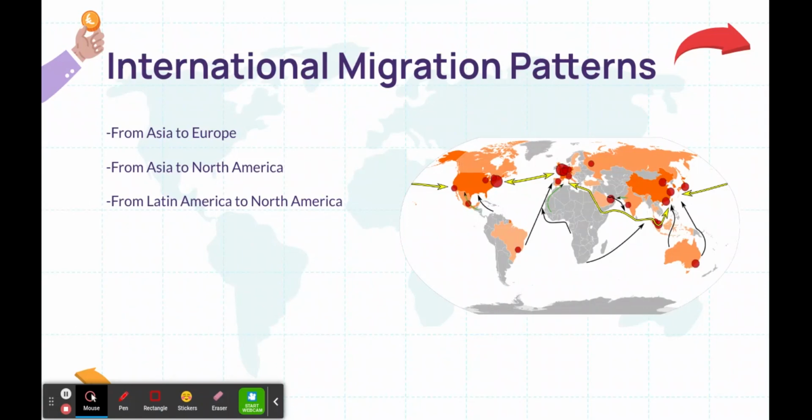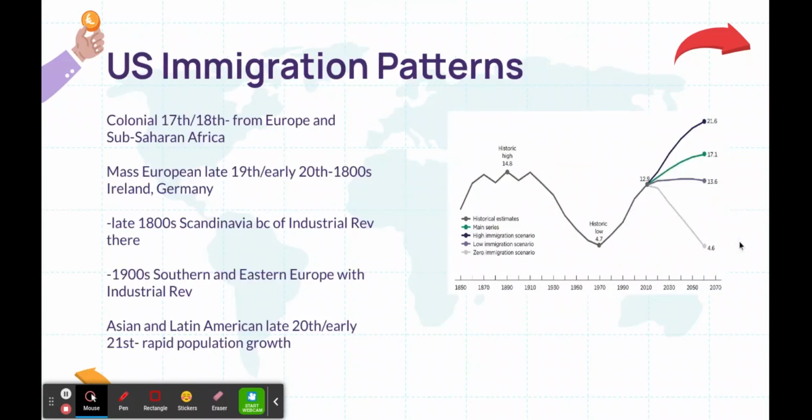International migration patterns. The patterns that we see are people moving from Asia to Europe, people moving from Asia to North America, and people also moving from Latin America to North America. U.S. immigration patterns.